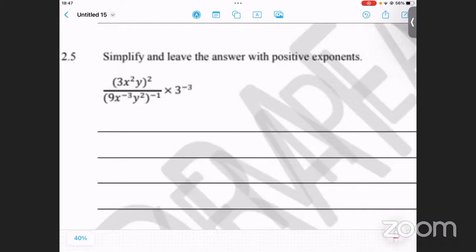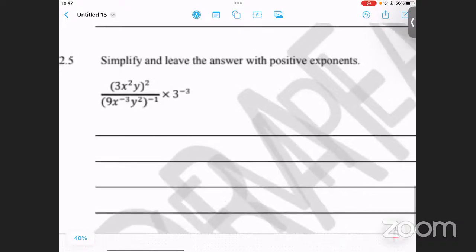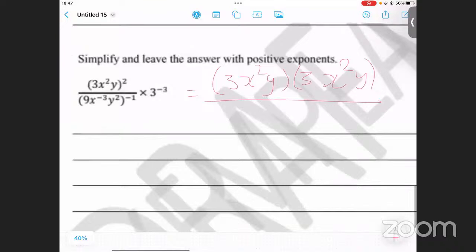two brackets. So what we're going to have is equal to 3x to the power of 2y, and then 3x to the power of 2y, and close the bracket.